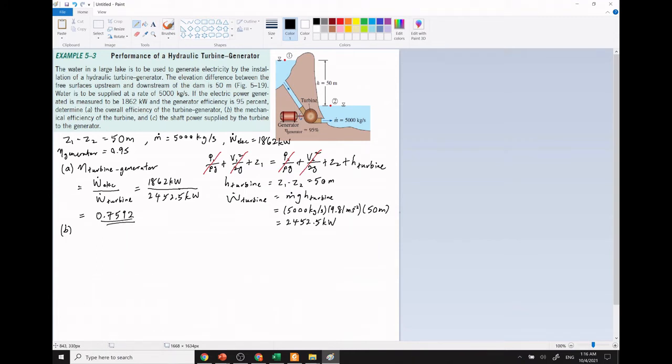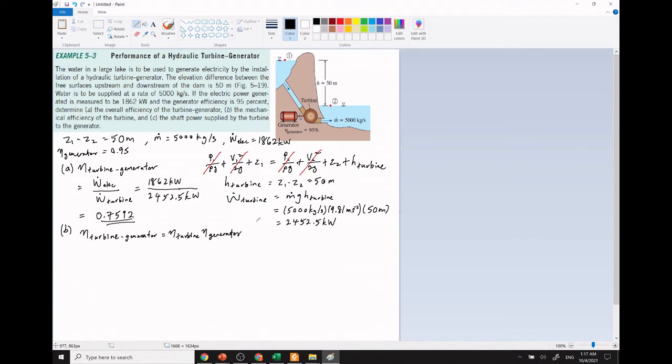Now in part B we are asked to find the mechanical efficiency of the turbine. So we need to find the turbine efficiency. To find this, we can simply take that the efficiency of turbine and generator equals the efficiency of the turbine multiplied by the efficiency of the generator.